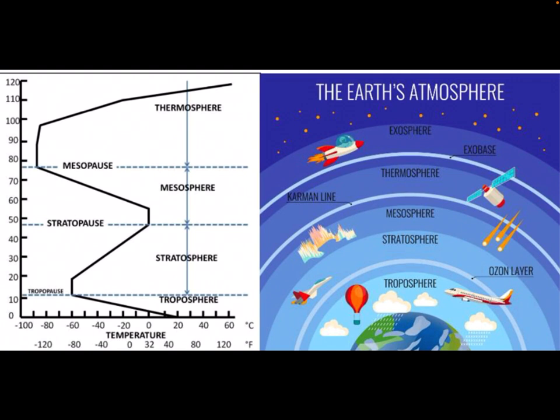The ionosphere is helping us in communication. After the ionosphere there is the exosphere. This is important because the exosphere is the last layer of the earth. After the exosphere the outer space starts.